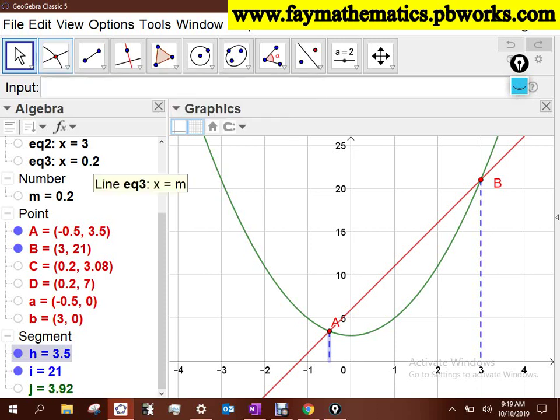And over here you can see that the x value of point A is negative 1/2, and the x value of point B is 3. So those would be the solutions that you find to that first equation if you're working out algebraically, right? That is where the 2 things are equal.